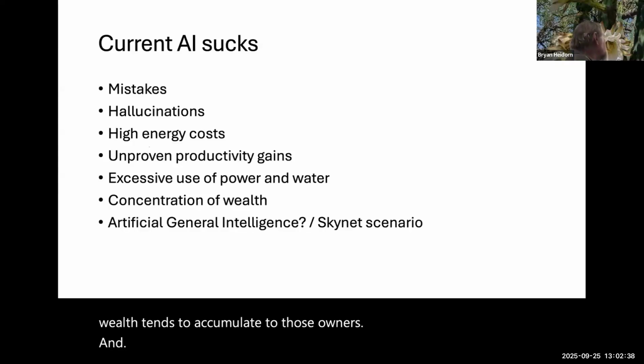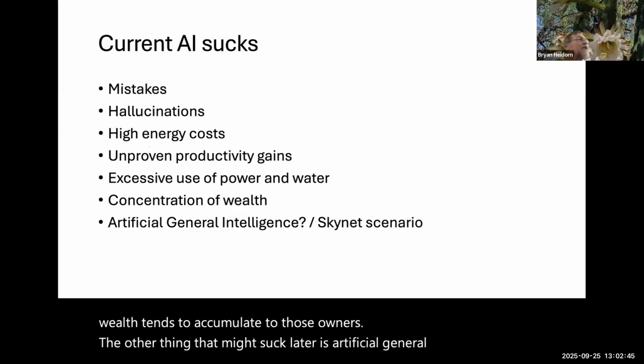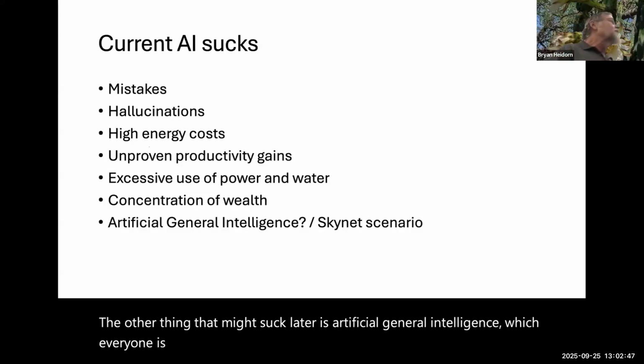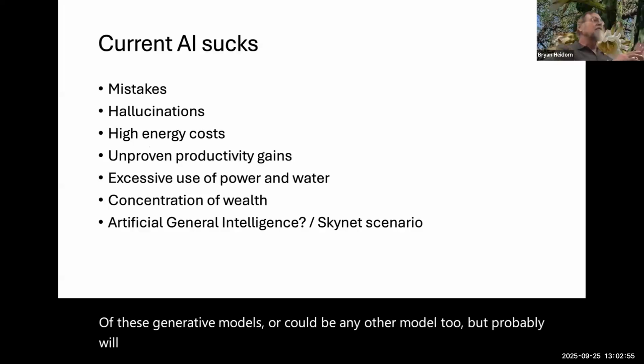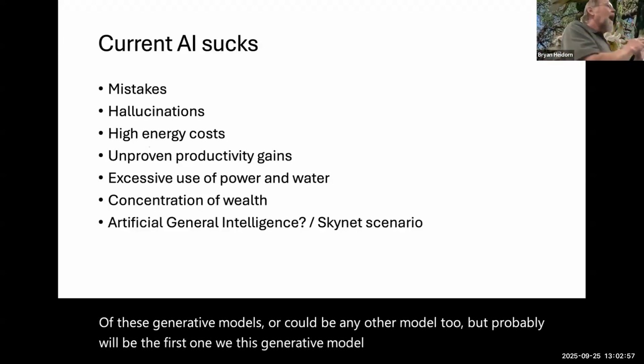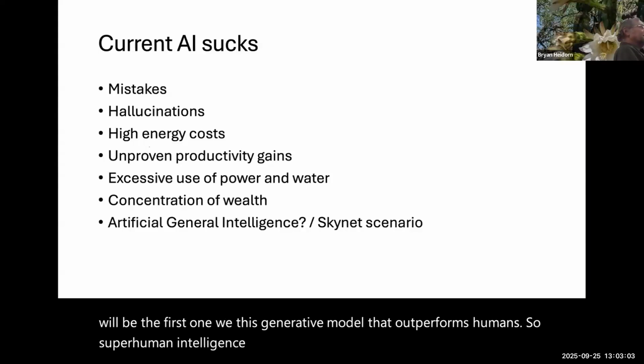And the other thing that might suck later is artificial general intelligence, which everyone is pushing for right now. So that's a form of these generative models, or it could be any other model too, but probably the first one will be this generative model that outperforms humans. So superhuman intelligence.